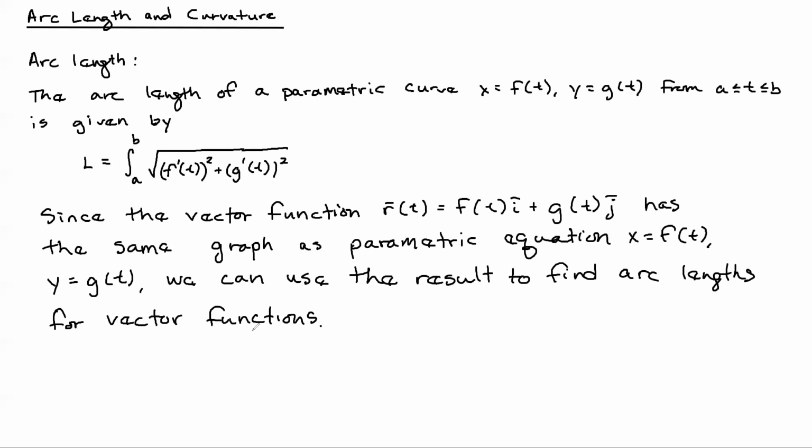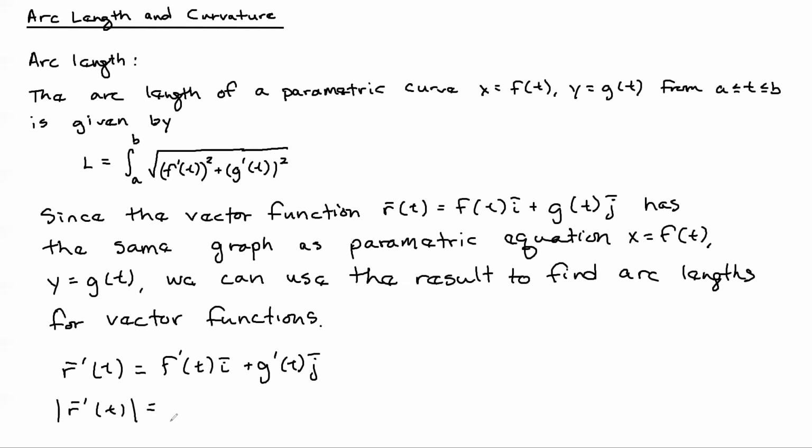However, there's a neat fact that you can go through and derive, and that is that if we calculate r prime of t, assuming this is r, we're going to get f prime of t i plus g prime of t j. And then if we find the length of r prime of t, a neat thing happens.